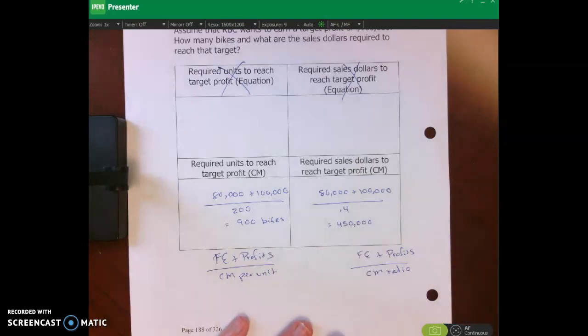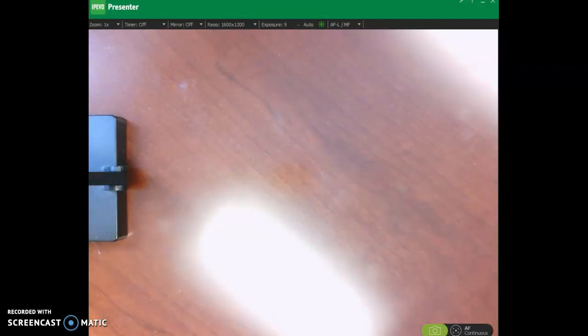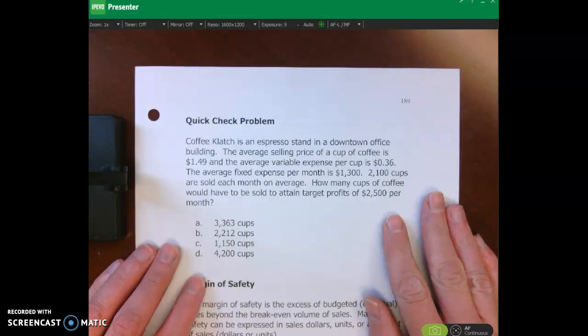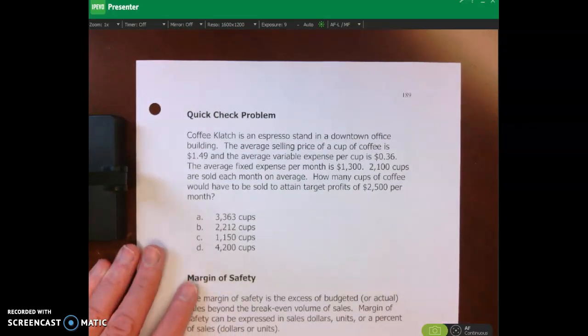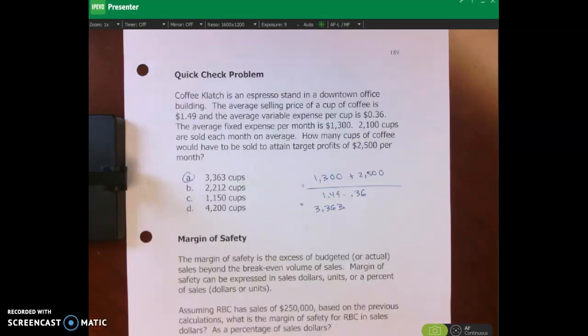Okay, so continuing on, page 189, we have this problem, which is a target profit problem. And I want you to pause the lecture video and solve this problem on your own, and then we'll come back and check it. Okay, so hopefully you got A. A is the right answer.